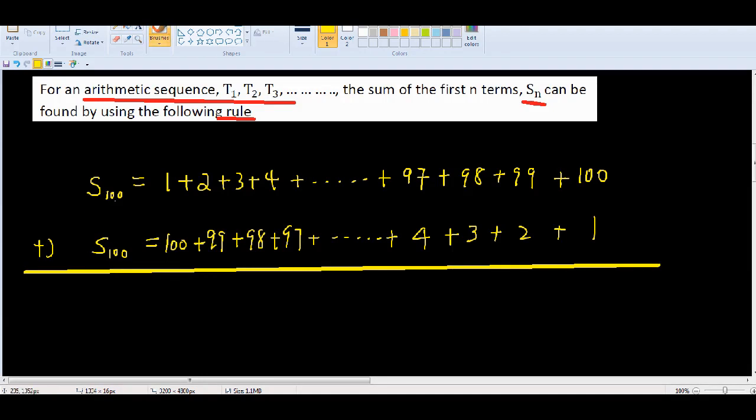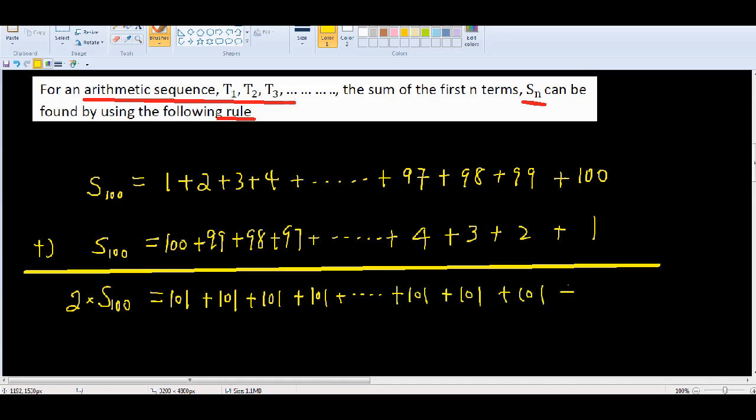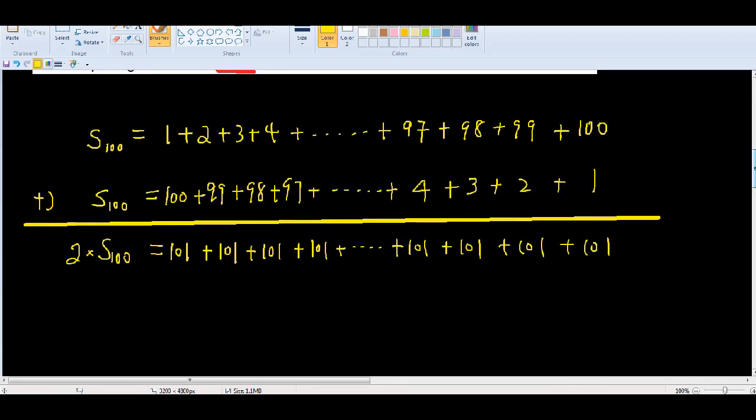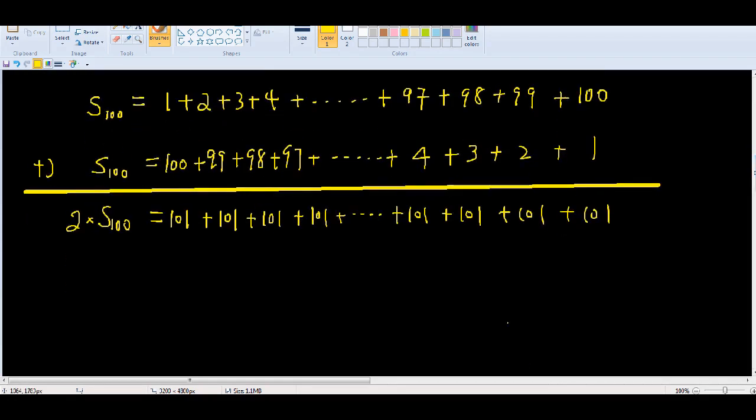On the left hand side, that will be 2 times S100 because that's two S100 added together. On the right, 1 plus 100 is 101, 2 plus 99 is 101, 3 plus 98 is 101, 4 plus 97 is 101, and here 94 plus 4 is 101. The amazing thing is all these numbers are 101.